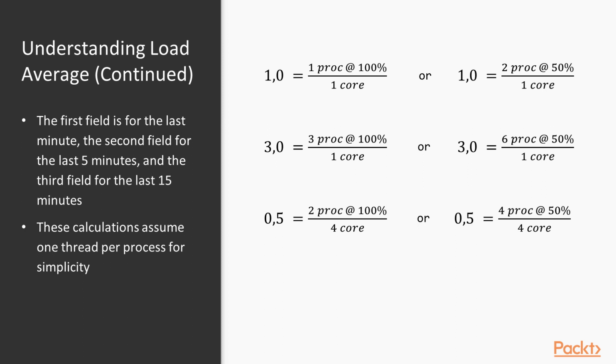And once again, it's only utilized to about 50% of its potential. And one last example, a load average of 0.13 could mean that we only have a single process running at 100% on an 8-core system. Or, why not, 2 processes each running at 50% on an 8-core system.